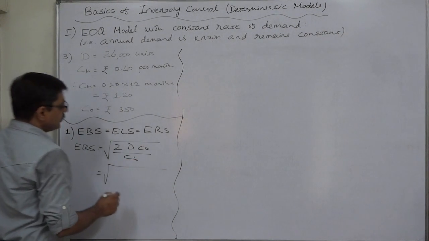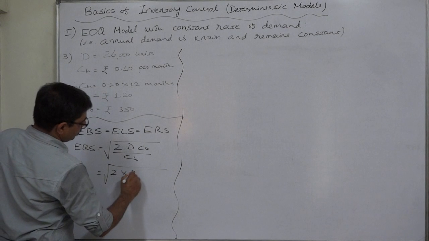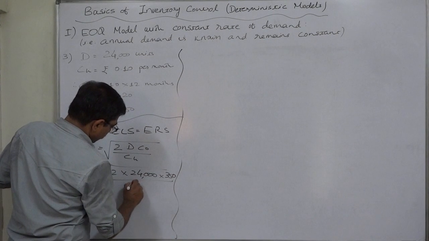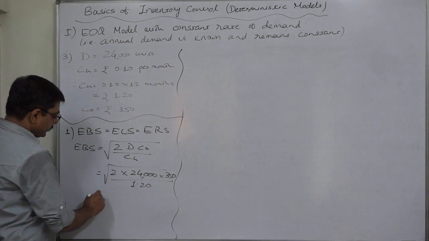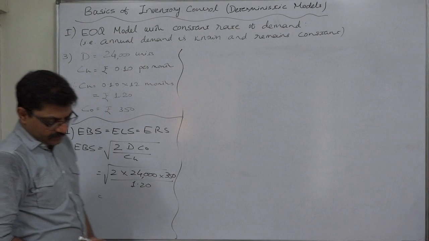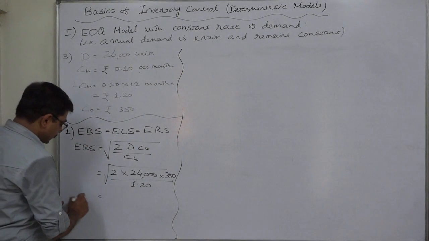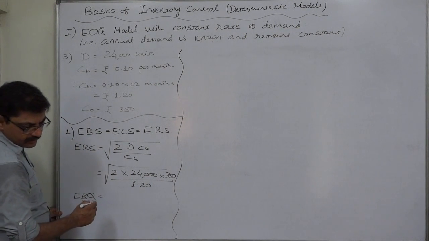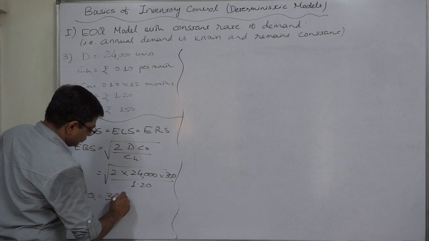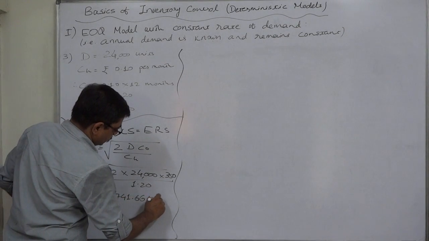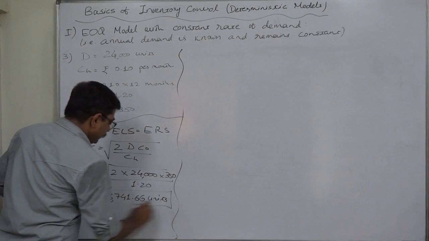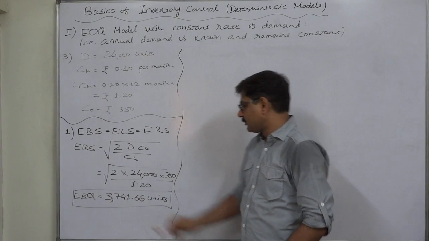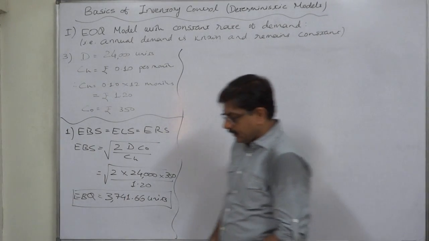Let us substitute the figures. 2 multiplied by 24,000 multiplied by 350 divided by 1.20, and square root of the entire function. The economic batch size or economic batch quantity comes to 3,741.66 units. That means the manufacturer should determine each and every batch of approximately 3,742 units.